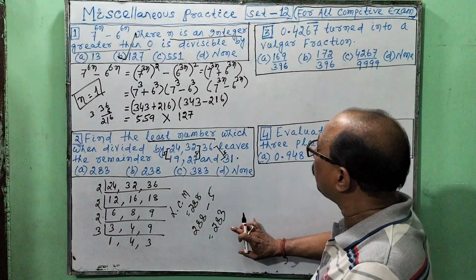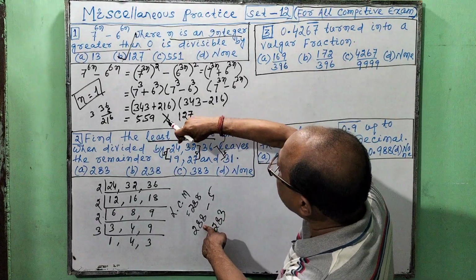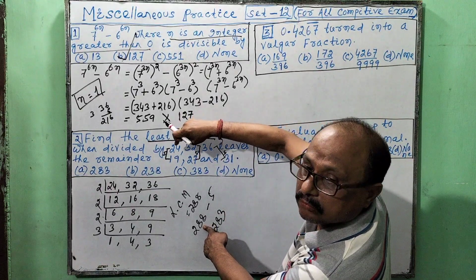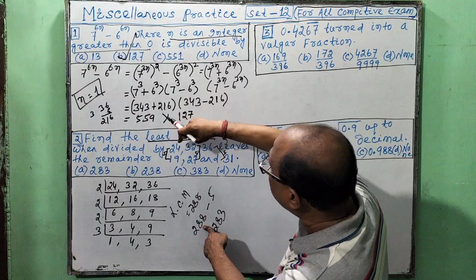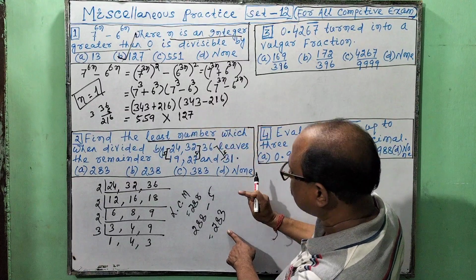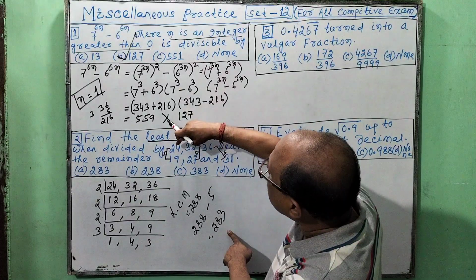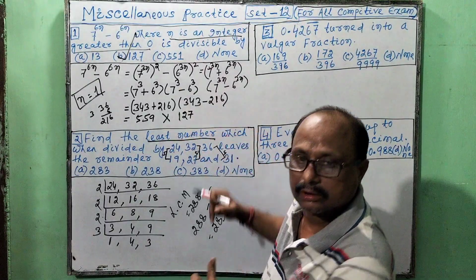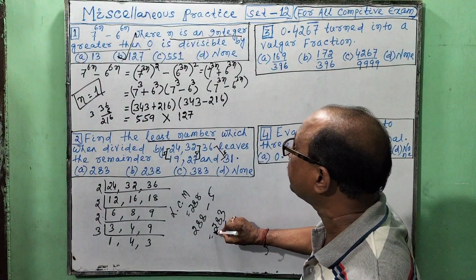When you divide 288 by 24 it is divisible, but with 5 subtracted, 5 is short, so the remainder is 19. So the answer is 283.